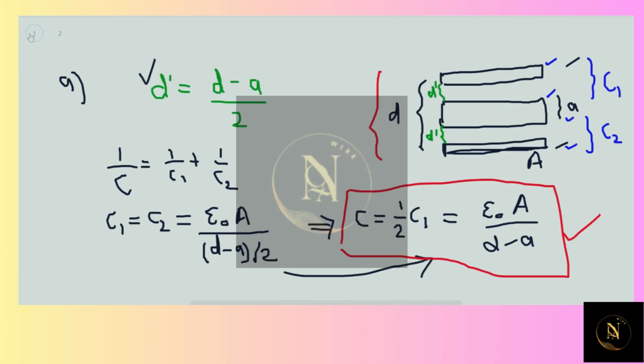Now moving to the second part of the problem, where we need to express this capacitance C in terms of the capacitance of the combination in which we do not have the metal slab in between the two parallel plates of the capacitor.